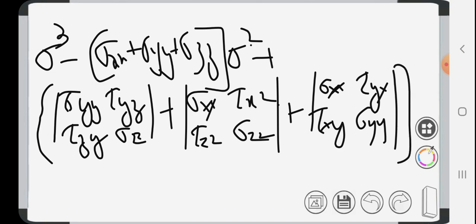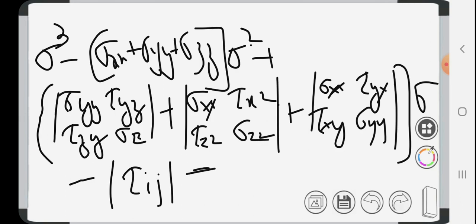Into sigma, minus determinant of tau ij, equal to 0. Students, if you do the determinant, you will get it in a simplified form like this: sigma cubed minus (sigma xx plus sigma yy plus sigma zz) into sigma squared, plus a term in brackets into sigma, minus determinant of tau ij.